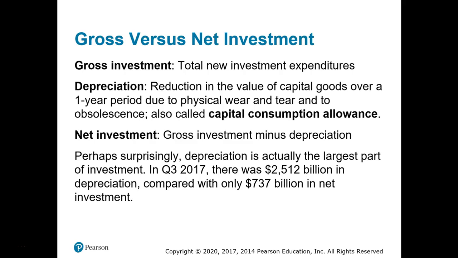Well, we take the overall gross investment, that's the total purchase amount, and we take off what happens through wear and tear, the amount that we actually have to buy parts or services to fix it. We have to take that off because that's new stuff, so it's calculated differently. We then call this capital consumption allowance. It's the same thing.